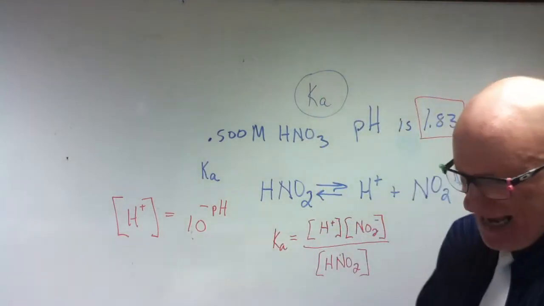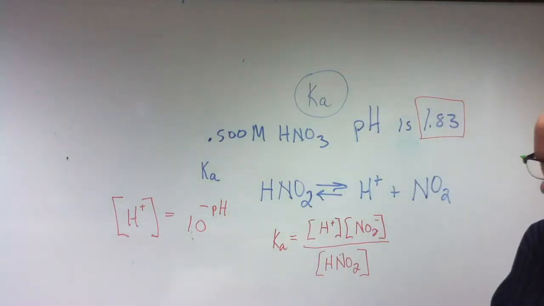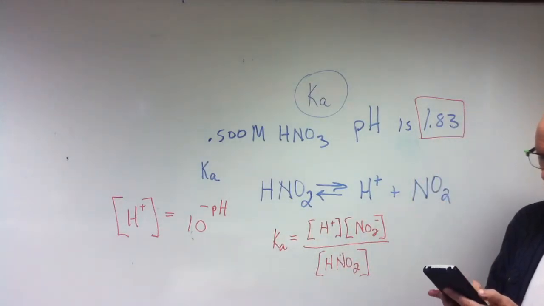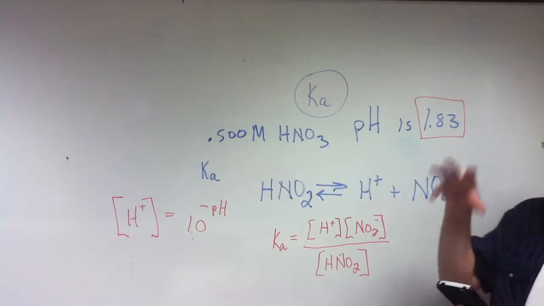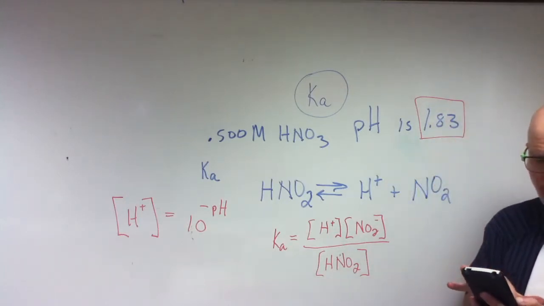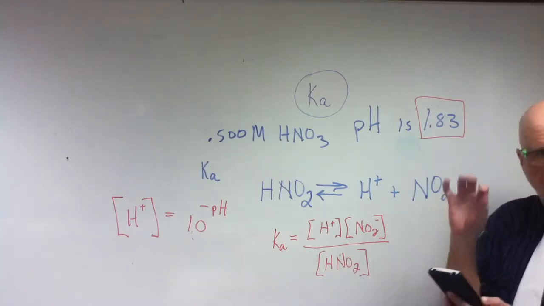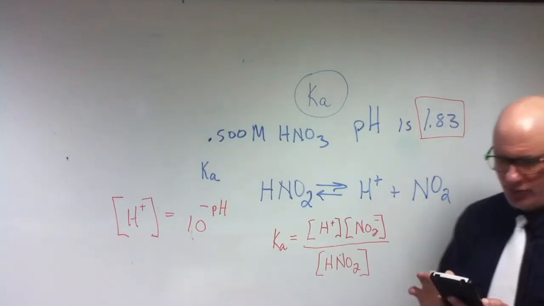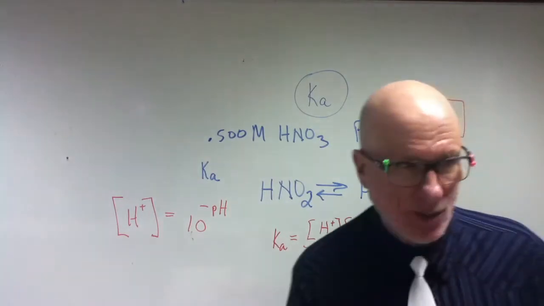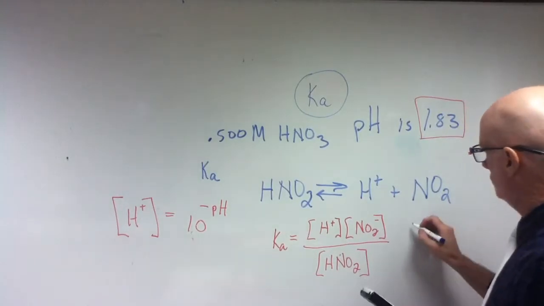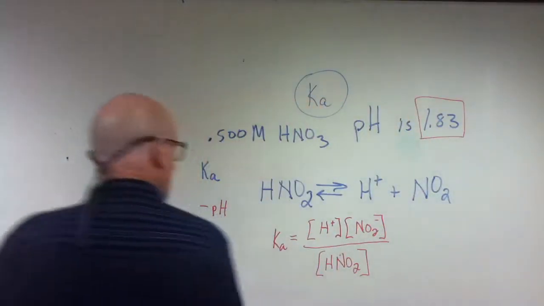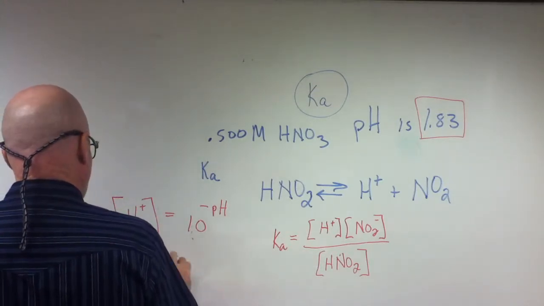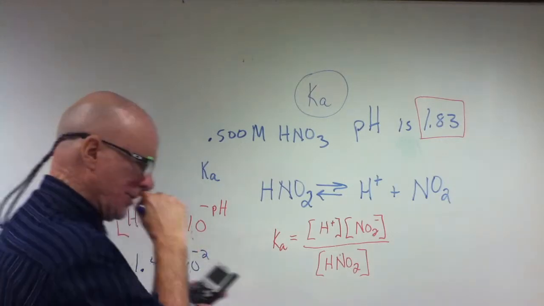All right, it's going to be 10, so you go second, and then log, so it's 10 to the x in blue, and then you hit negative, and then 1.83, equals 1.48 times 10 to the negative 2.